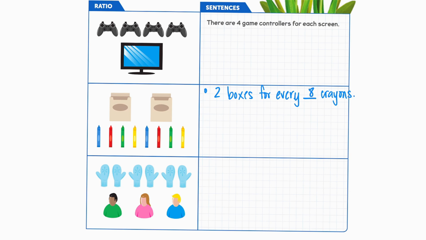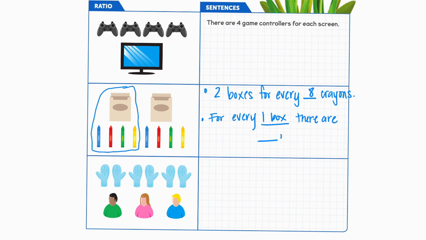Or we can look at it as an equivalent ratio or groups. So I can see that for every 1 box, there are 4 crayons. So that's just a simple way to write what we're seeing in pictures.